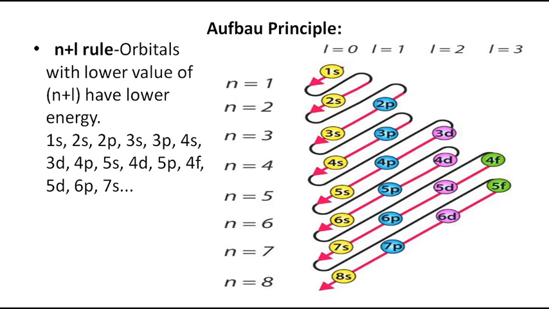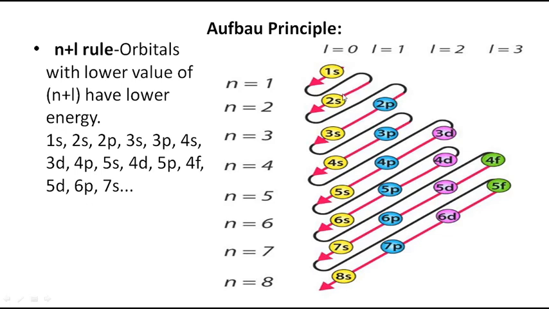If I give you an atom, say sodium, what is the atomic number for sodium? Sodium atomic number is 11. So how are those 11 electrons distributed? First in the 1s orbital, then in the 2s, then in the 2p, then in the 3s. Each orbital you are going to give 2 electrons. So 1s2, 2s2, 2p6.